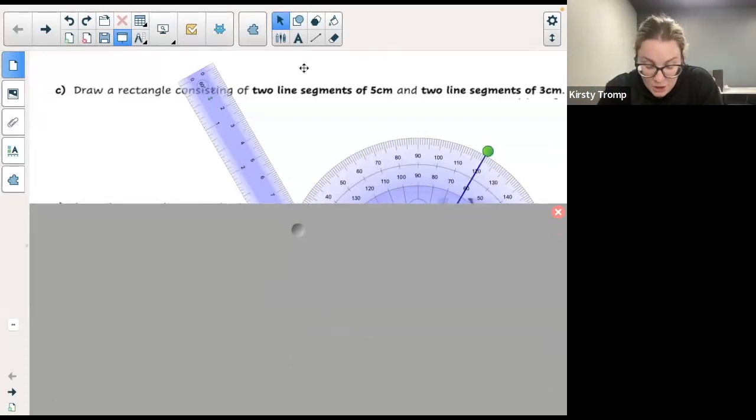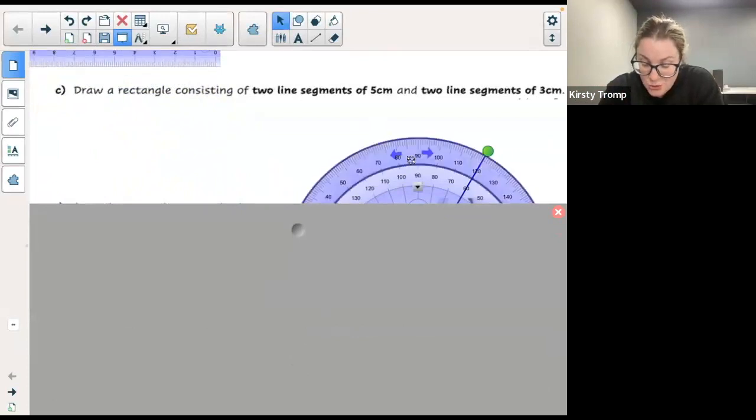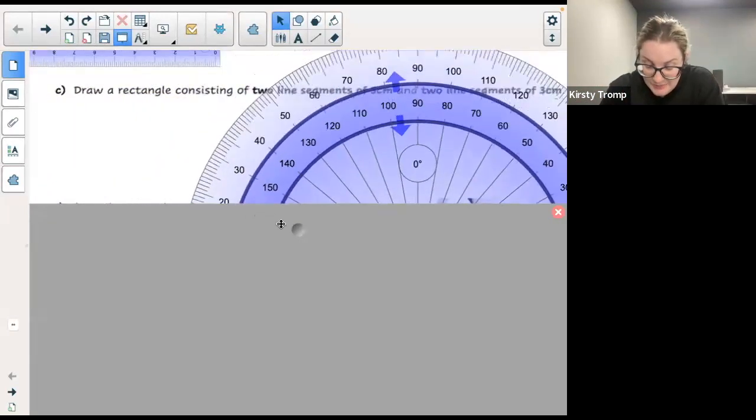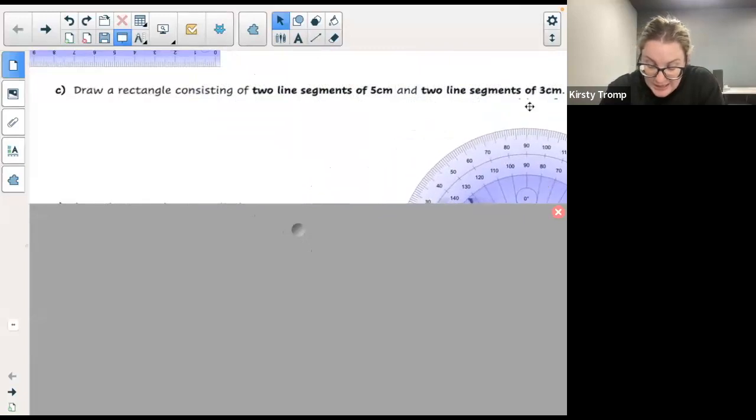So our question says, draw a rectangle consisting of 2 line segments of 5 centimeters, and 2 line segments of 3 centimeters.